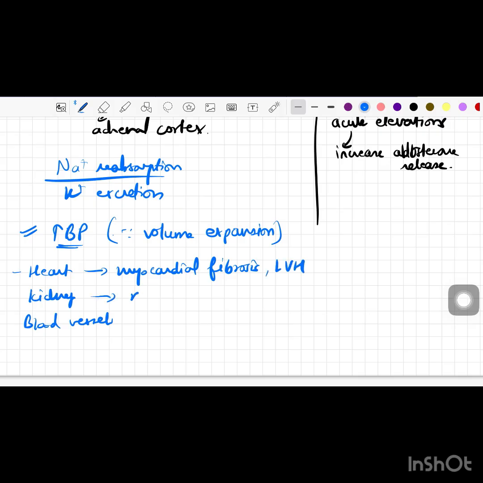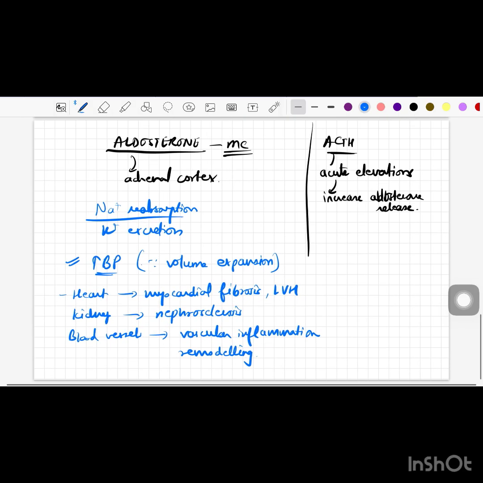In kidneys, it will cause nephrosclerosis, and in blood vessels, it will cause inflammation, so vascular inflammation and hence remodeling. So overall, the cardiac remodeling that happens due to hypertension occurs because of this aldosterone.